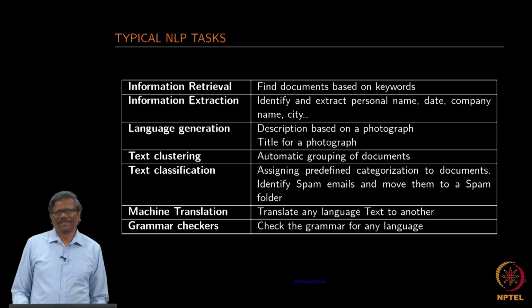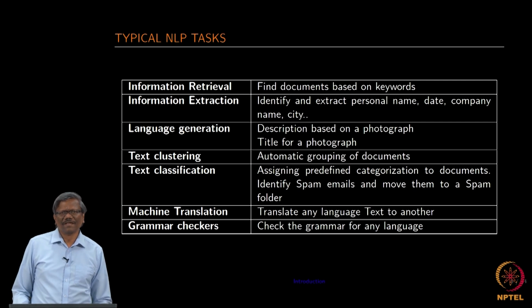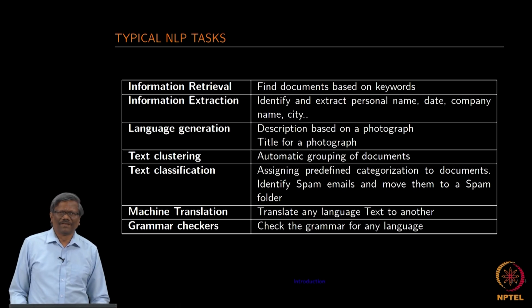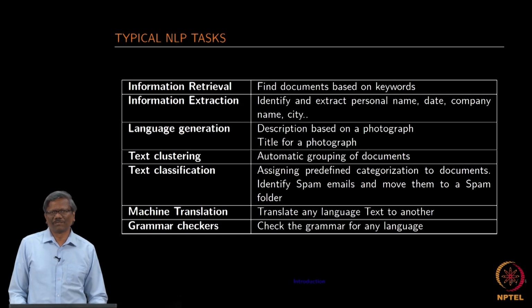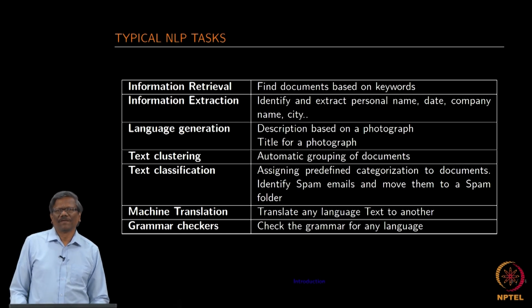And then there is another task that we do which is called information extraction. Identify and extract personal name, date, name of the city, and certain other insightful information that we want to extract from documents.